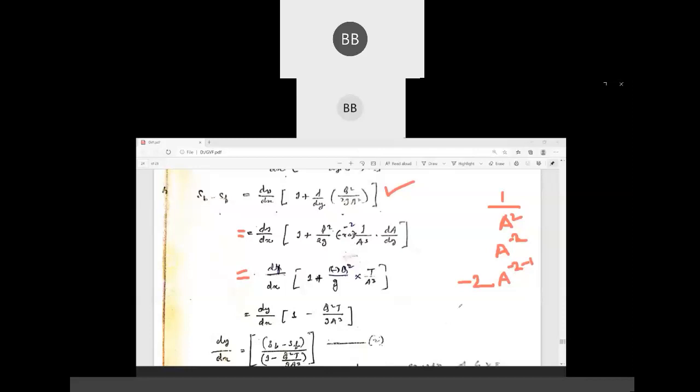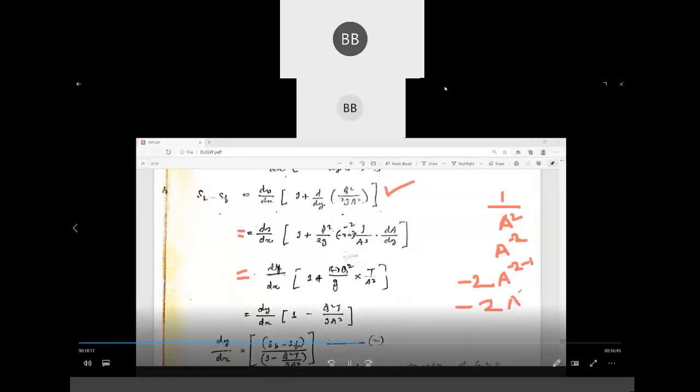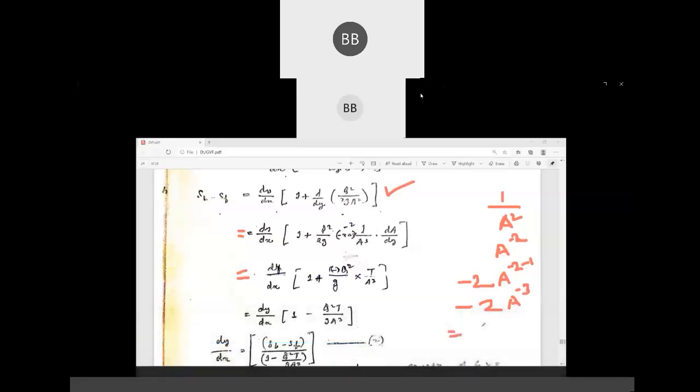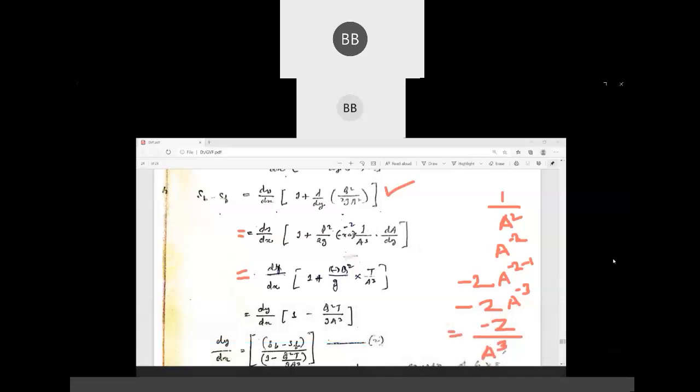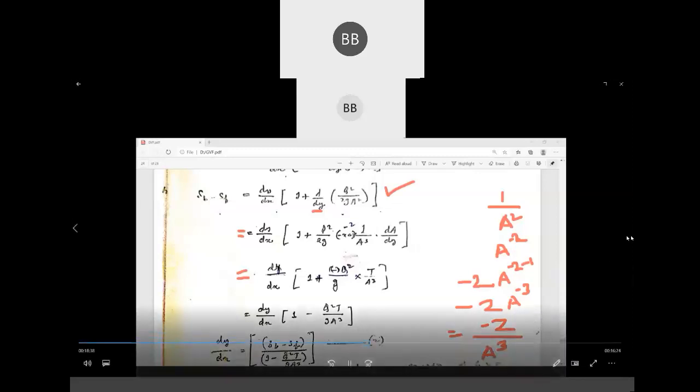Okay. So it will be minus 2 A to the power minus 3, or you can write minus 2 divided by A cube. So after we differentiate, we will get this, okay. But A is not y, because we are differentiating with respect to y. But A is a function of y, so it will again be dA by dy.